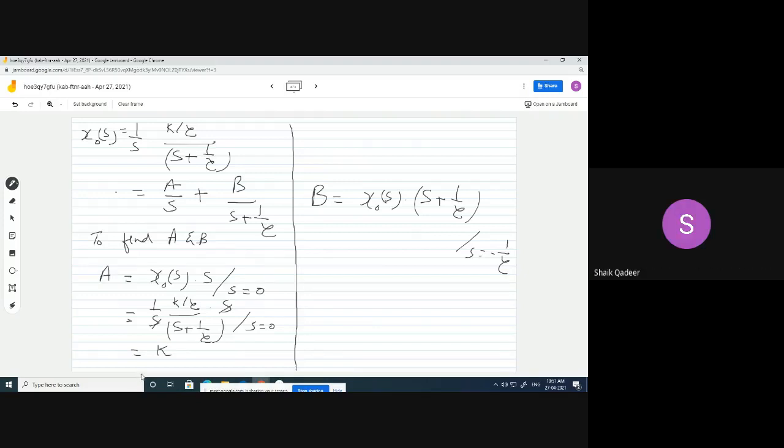Similarly, solve this equation for b and tell me the answer. What is the answer?